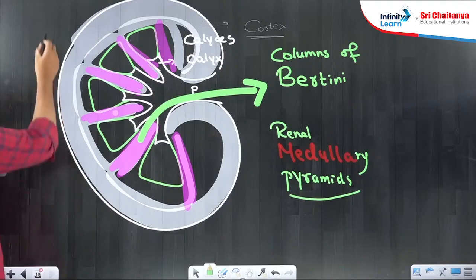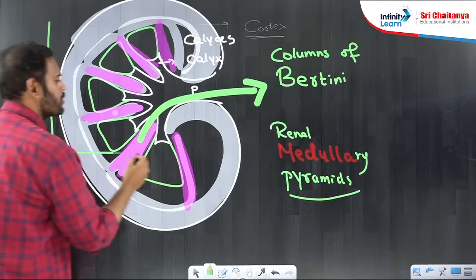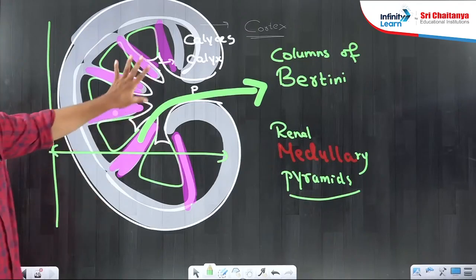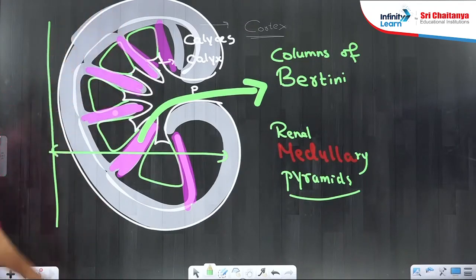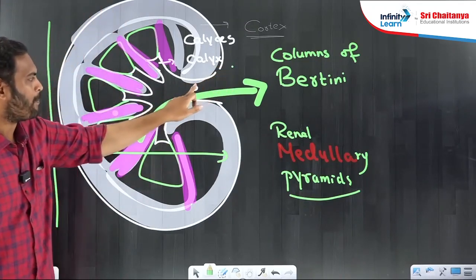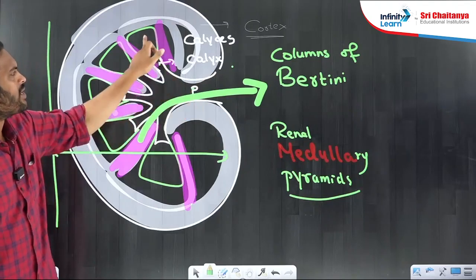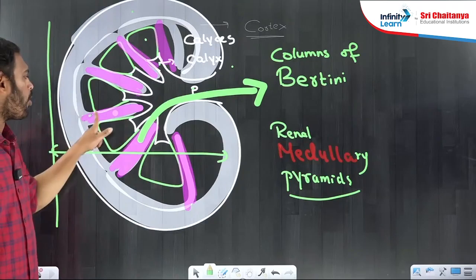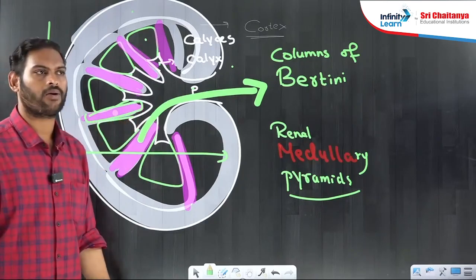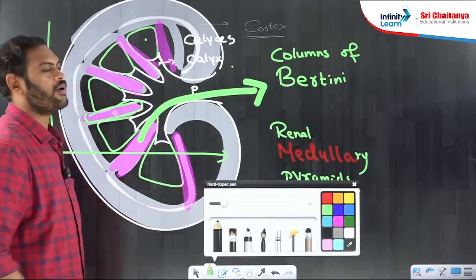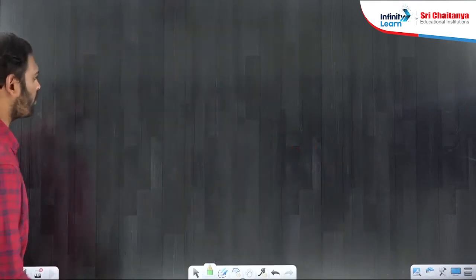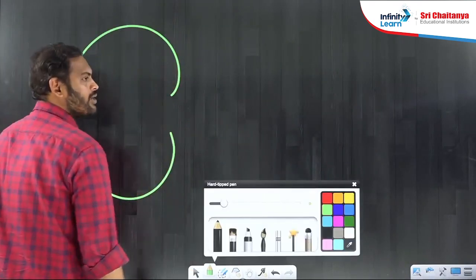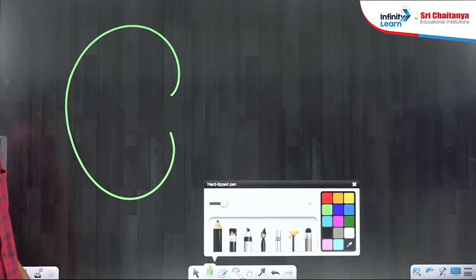Okay, so the kidney is 10 to 12 centimeters long, 5 to 6 centimeters wide, and 2 to 3 thick. It has medulla, cortex, hilum, pelvis, calyx, renal pyramids, cortex. The cortex extends as columns of Bertin. Got this? Now, a point for you is that the hilum or notch is an entry and exit point also.